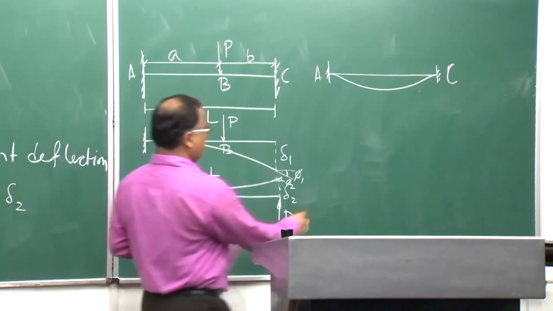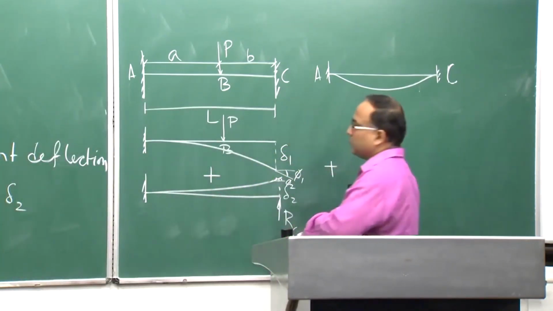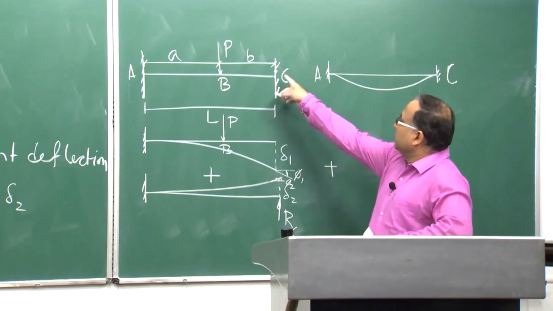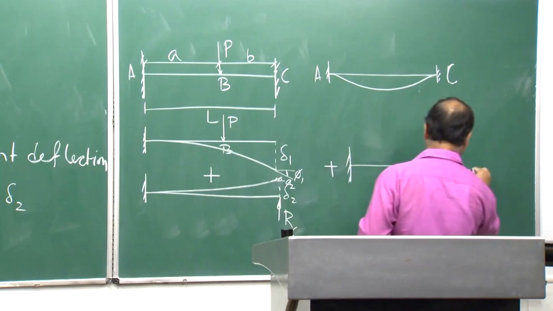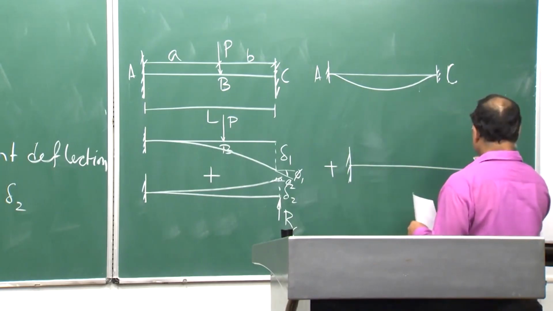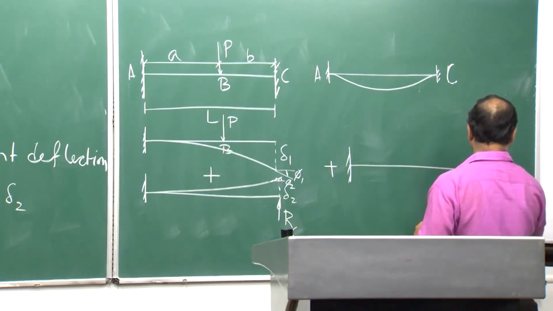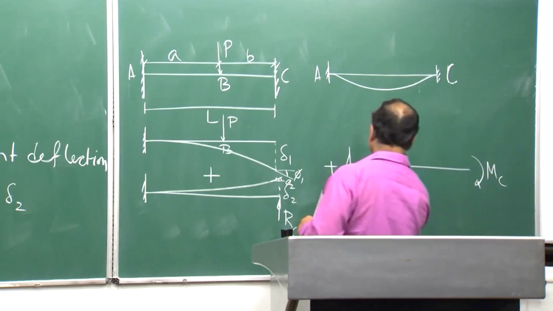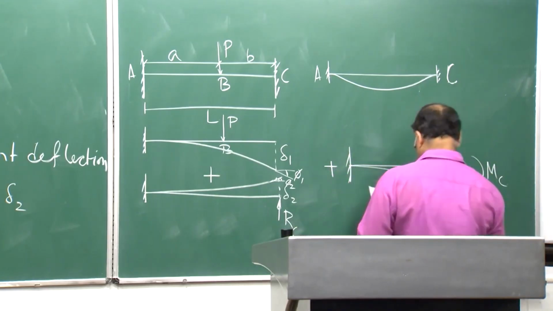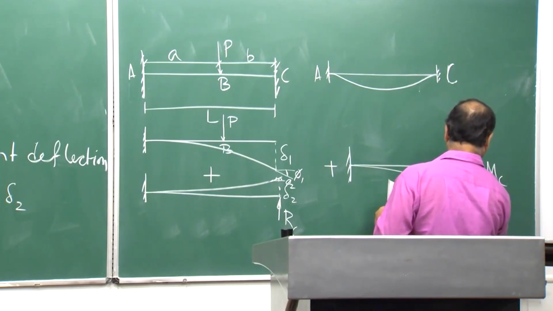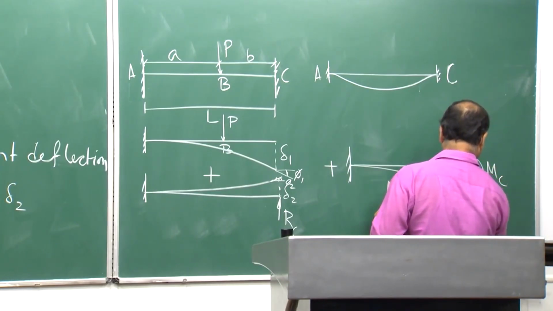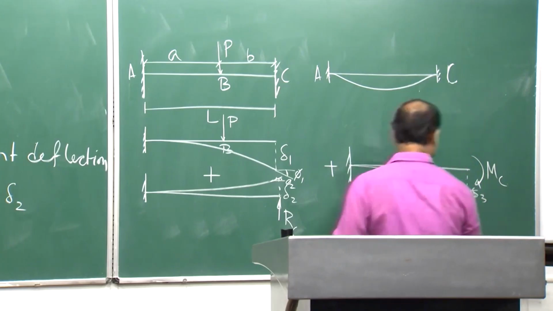Plus, what else is left out? The moment reaction. For that I consider another basic system, where say M C is acting here, and the deflected shape is like this. This is your delta 3, and this angle phi 3 is the slope.